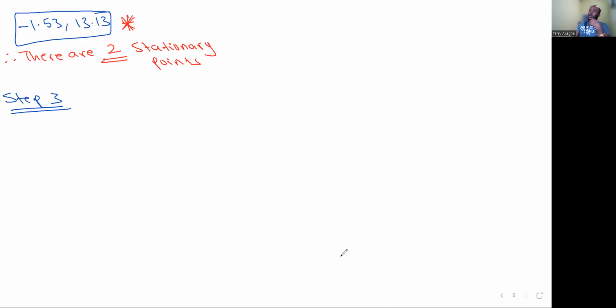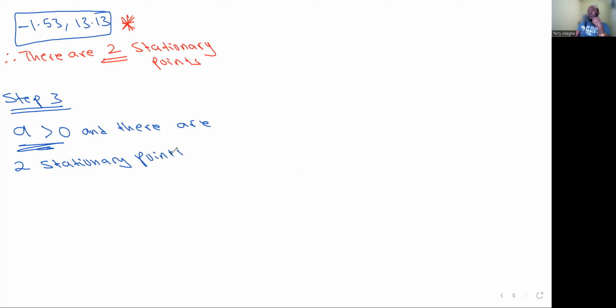So because a is equal to 1, that means a is greater than 0. Also, we know from step 2 that there are 2 stationary points. So a is greater than 0, and there are 2 stationary points.